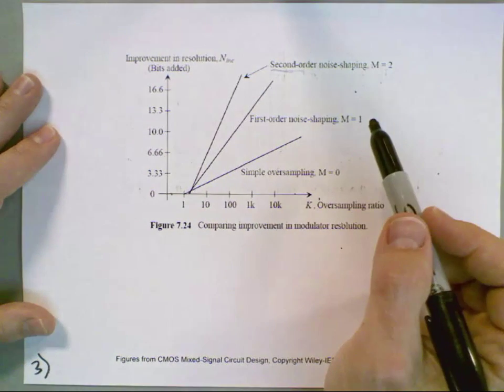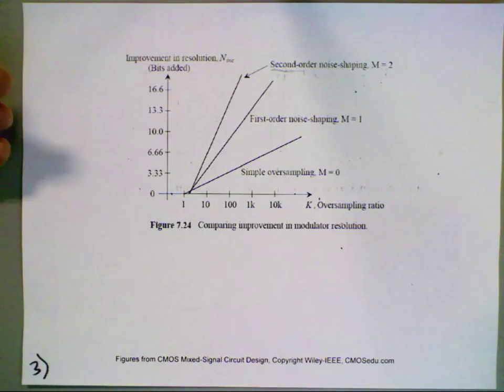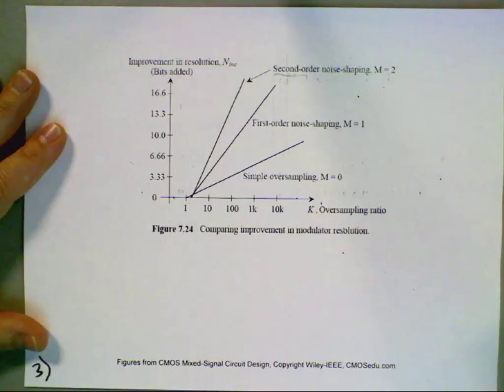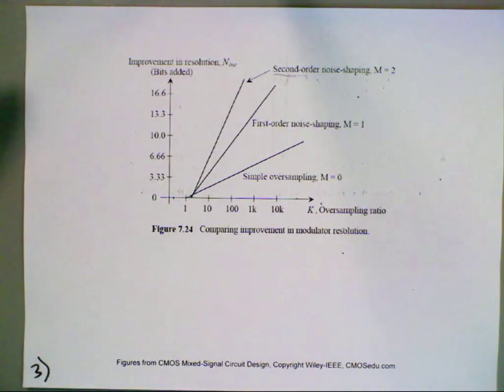Now, I know that when you say something once, people don't get it, but where's an example that you can use to look at continuous time noise shaping? On CMOS EDU, where can you get a simulation example to look at for first order noise shaping?